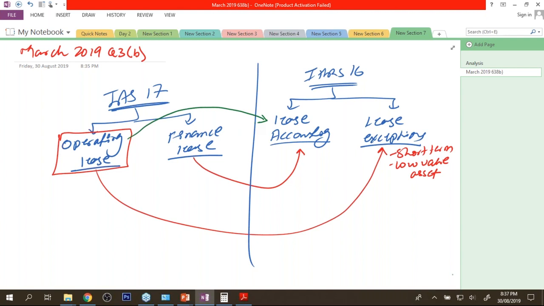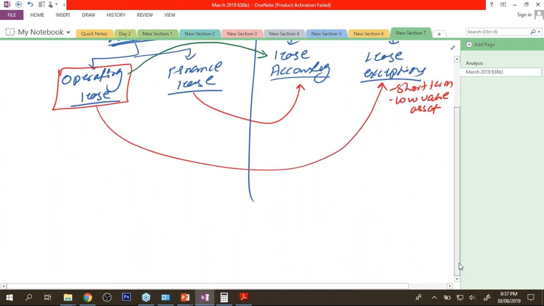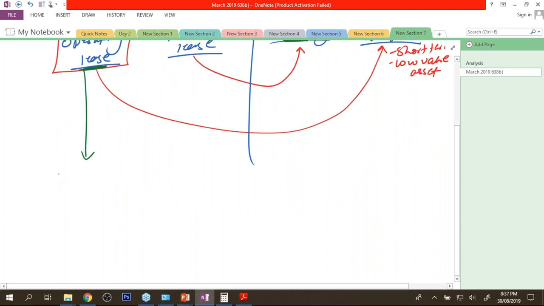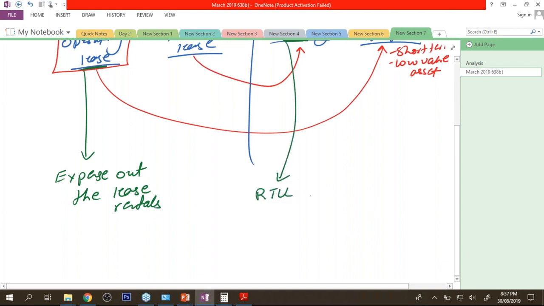Okay, so now what effectively will happen is that a lot of operating leases will become lease accounting. So previously we used to expense out the lease rentals. But now we will be recording it as a right to use asset and as a lease liability.